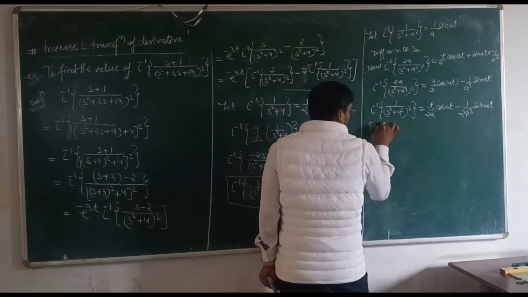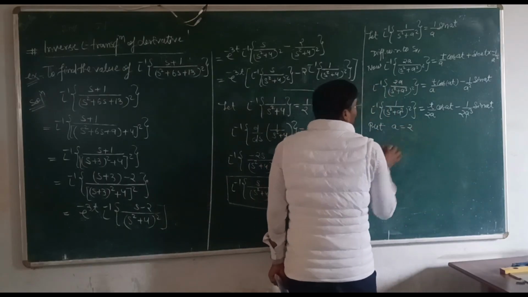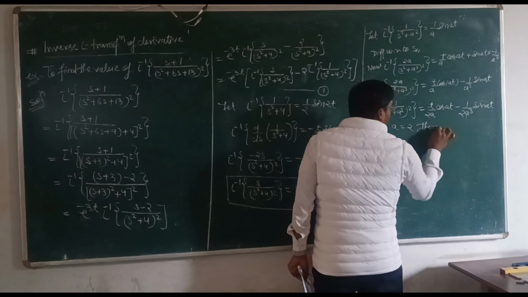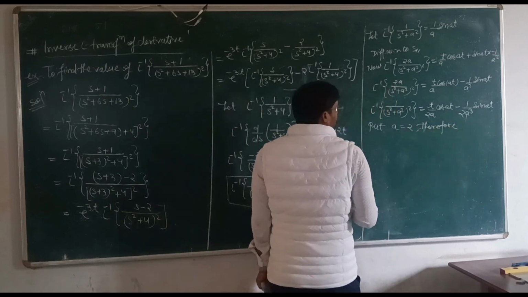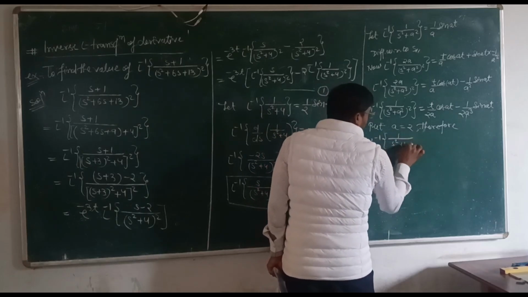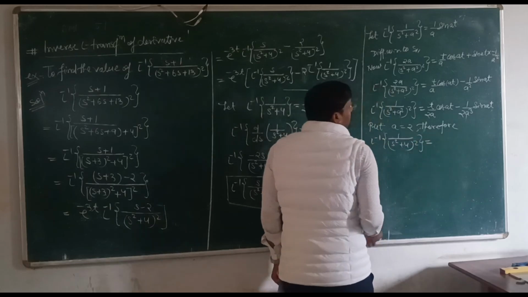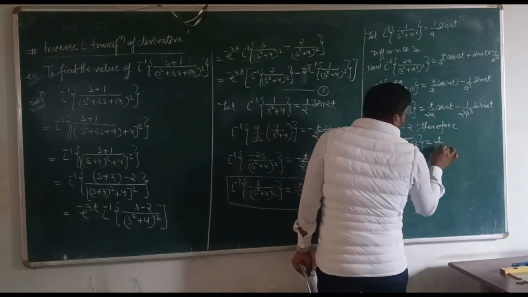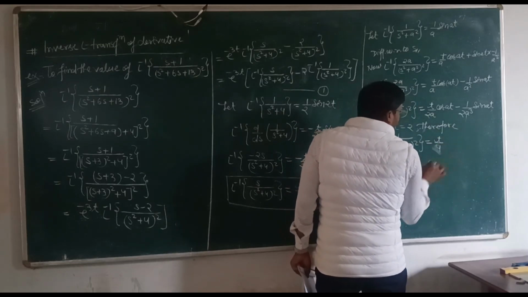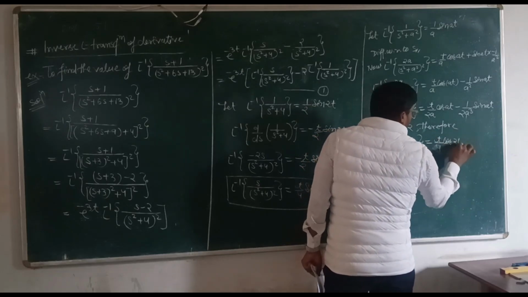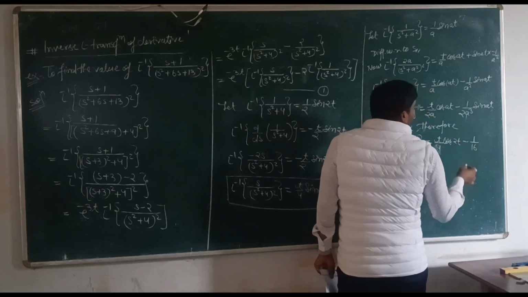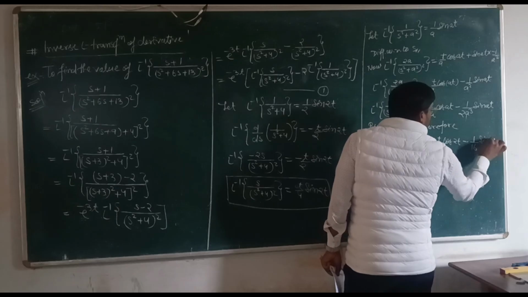Now put a is equal to 2, therefore L inverse of 1 upon (s square plus 4) to the power 2 is equal to t upon 16 cos 2t minus 1 upon 16 sin 2t.